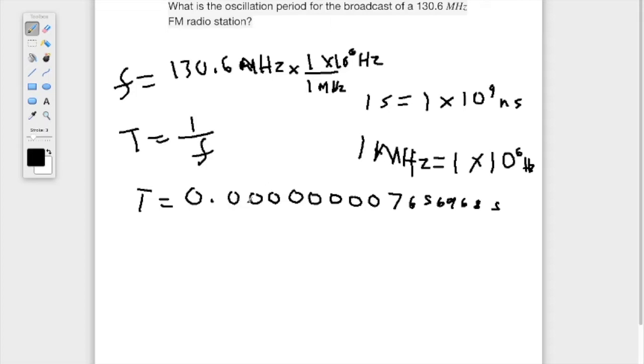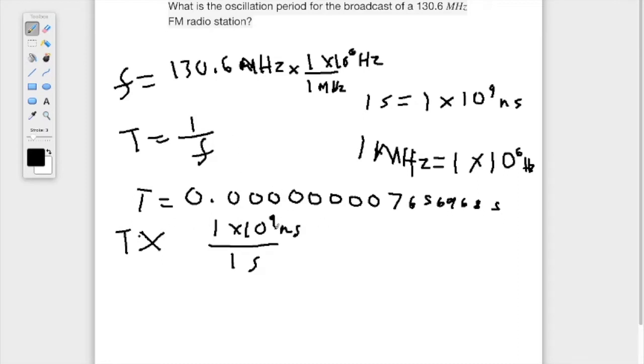Alright. Yeah, so now what we have to do is convert this into nanoseconds. So we get T right here times 1 second times 1 times 10 to the 9th nanoseconds over 1 second.